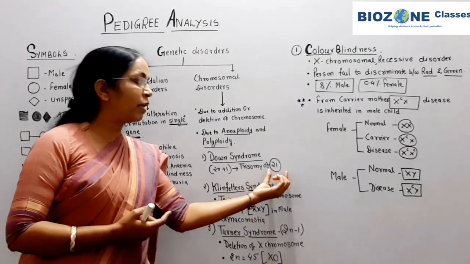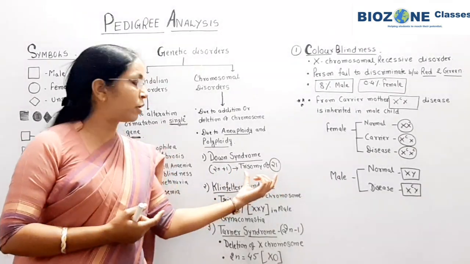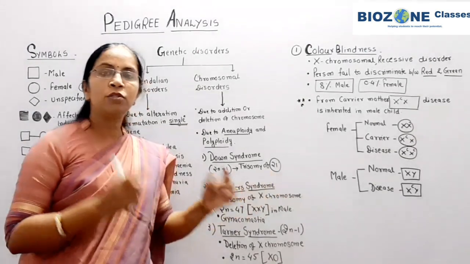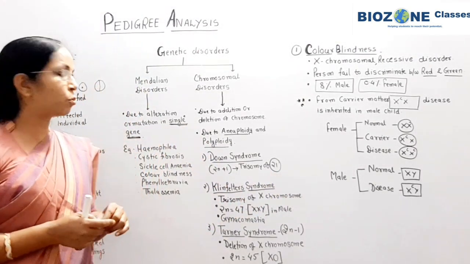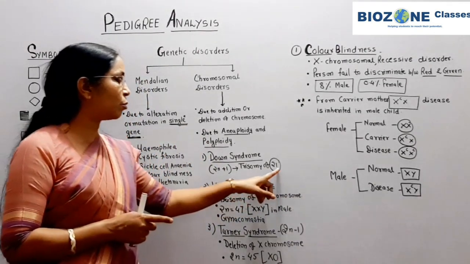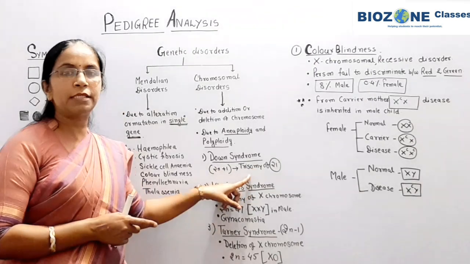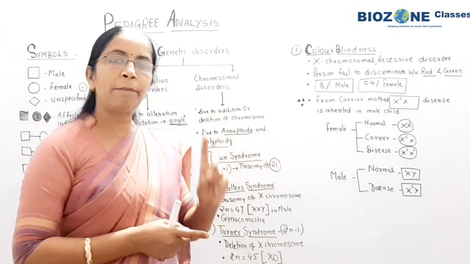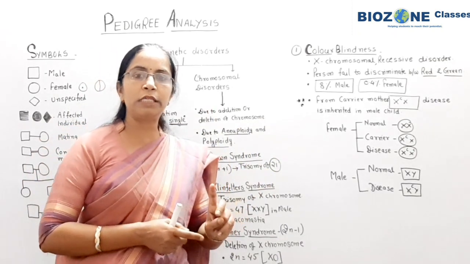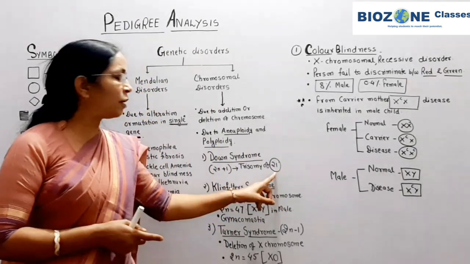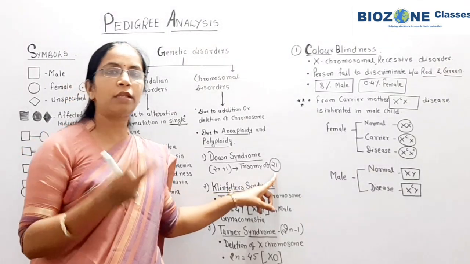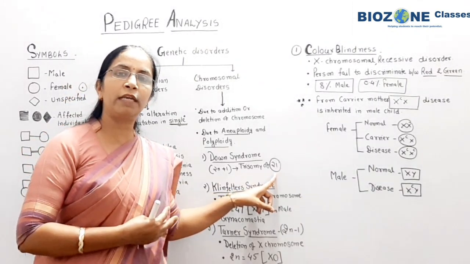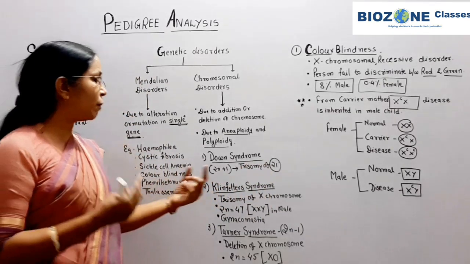Here you remember the trisomy of the 21st chromosome. If the chromosome 21 is additionally present, that means instead of one normal pair of 21 chromosomes, in a person affected by Down syndrome, how many chromosomes of number 21 will there be? 3 chromosomes are present for chromosome 21.